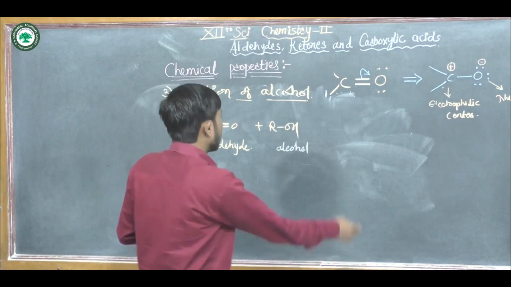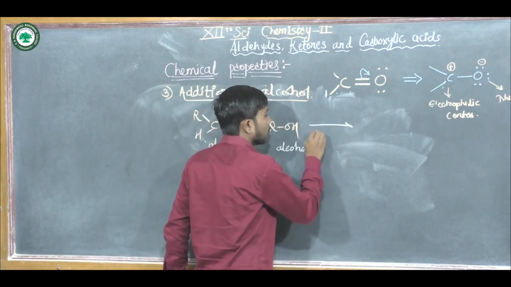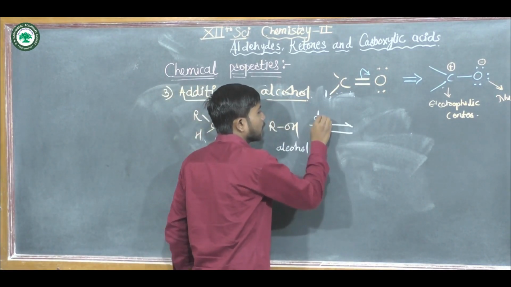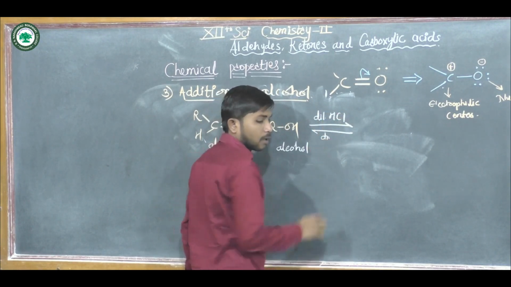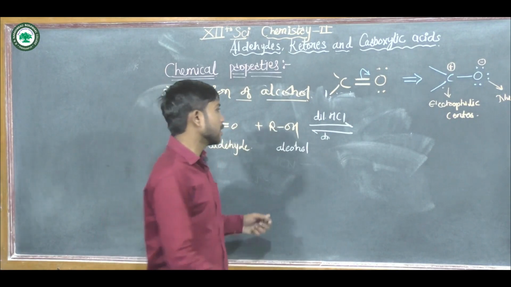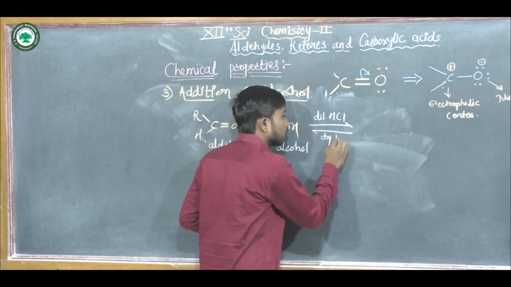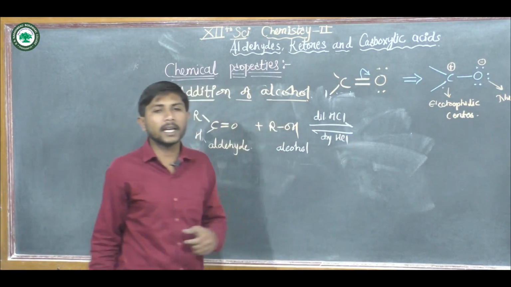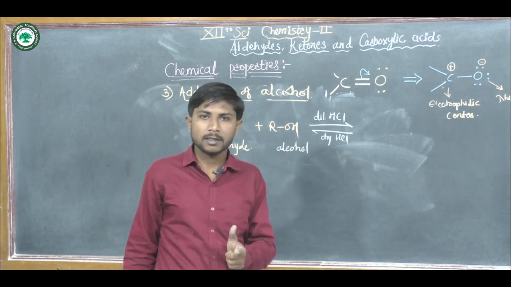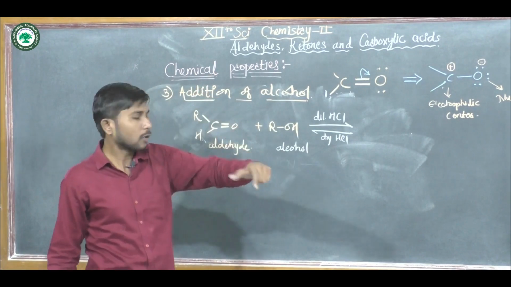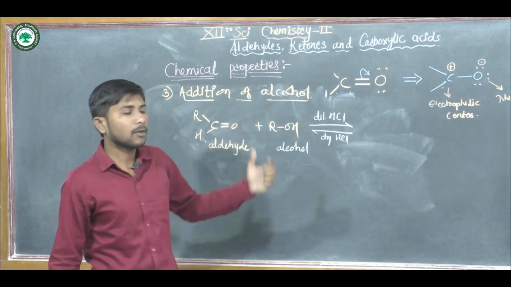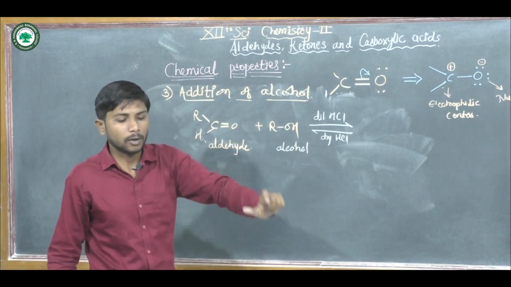alcohol in presence of, we have to keep dry HCl, and it is acid catalyzed, that's why the dry HCl we are using, and these reactions are reversible. Meanwhile, by using the same solvent we can retain our aldehyde or whatever the alcohol it is.